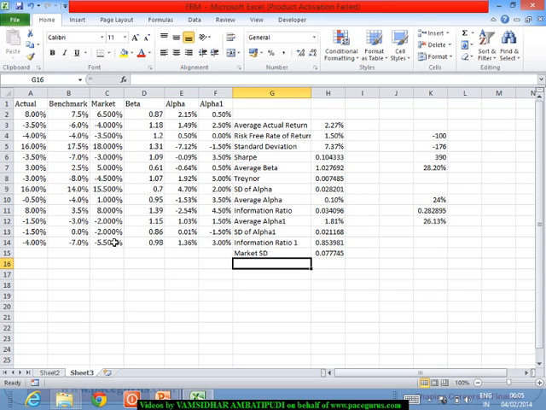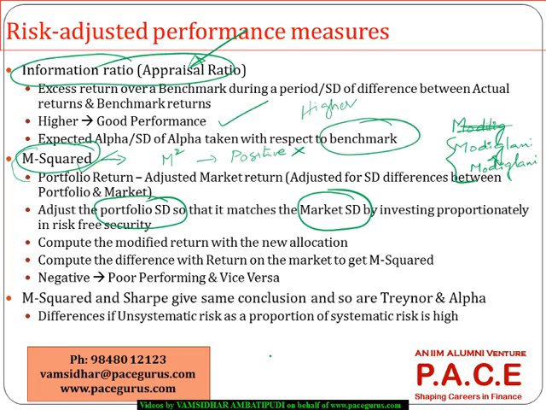Now make the standard deviation of the security equal to the market standard deviation. So what does that mean? You invest some X% in the security and the remaining 1 minus X% in the risk free, so that the overall standard deviation will match that of the market, right?